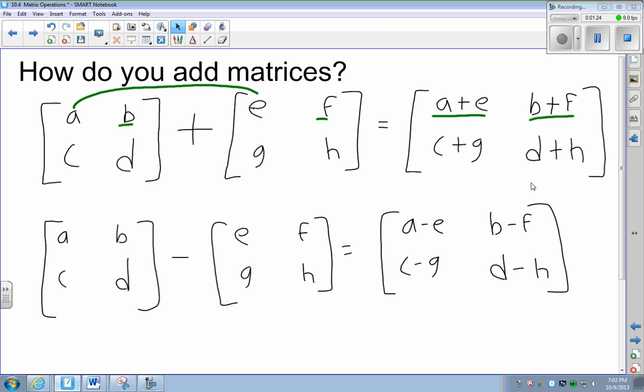You see how they stay in the same spots. Then we have C and G, which add in that new spot. The same goes for D and H. Subtraction is the same thing, but instead of adding, we're subtracting. Same idea.